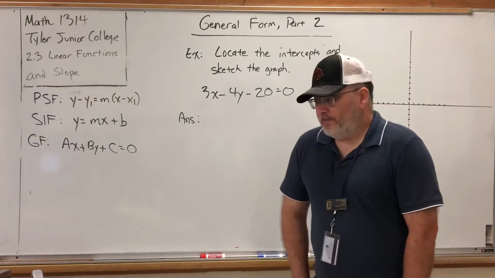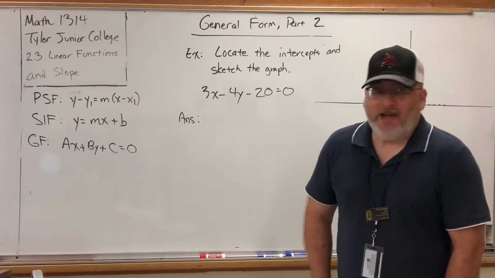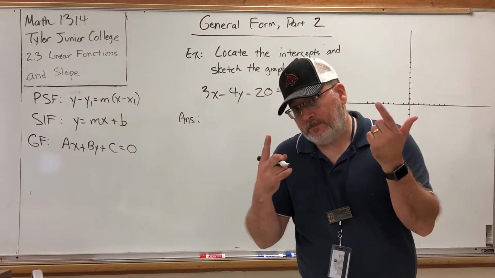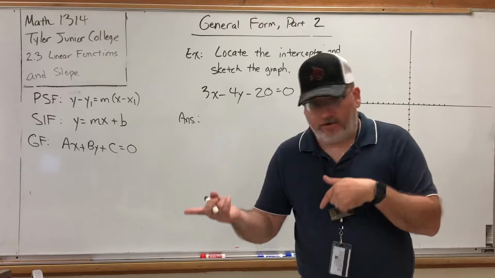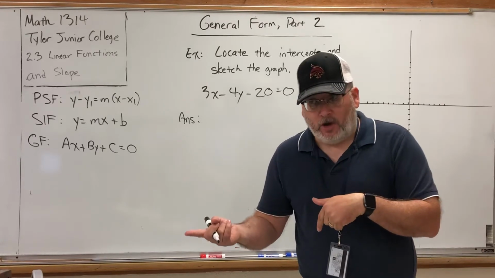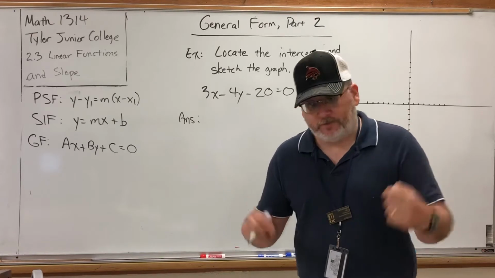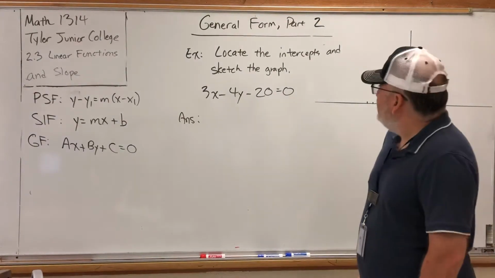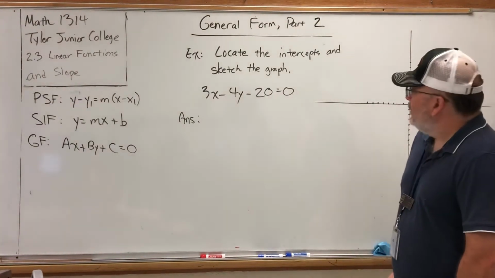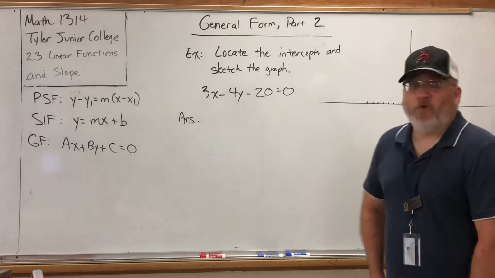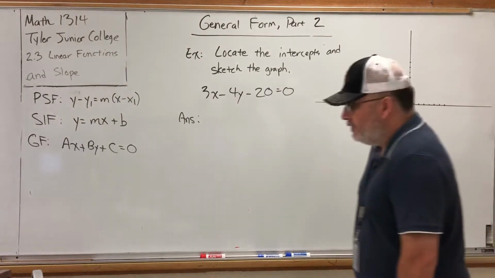Just think about it. Technically speaking, to graph a line, you only need 2 points. And with the exception of horizontal and vertical lines, all lines have 2 specific points, the x-intercept and the y-intercept. So we're going to discuss how to graph the equation of a line in general form by locating its intercepts.